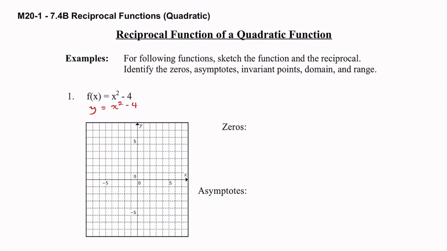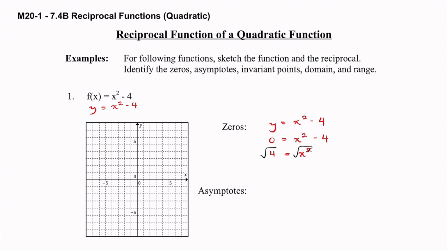So let's find our zeros first. Remember, to find our zeros, you just take the function, so y equals x squared minus 4, and then change the y to be 0. So this is 0 equals x squared minus 4. Then you could add a 4 onto both sides, so you get 4 over here, just x squared here, and then take the square root of both sides to get the x by itself.